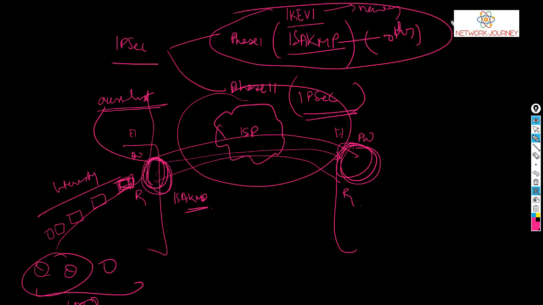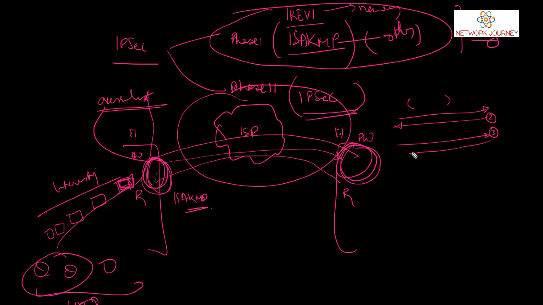Negotiation will happen, and it consists of 6 messages in total. You know how those 6 messages are negotiated. The first message will be sent, which carries 3 parameters. You will receive a response back, which is message number 2. Once they match and they are good, the third message will be sent, and you receive a fourth message.